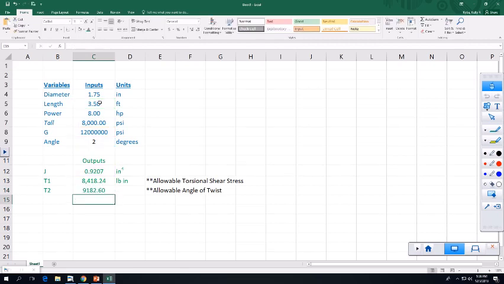Enter. Okay, so 9.18. Okay, good. And that's going to be in pound inches.